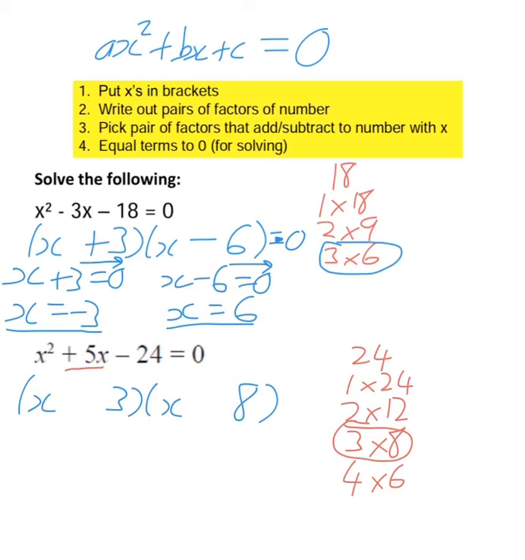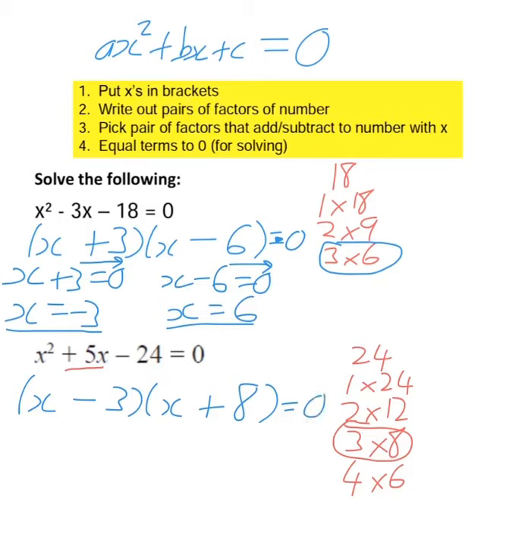Now it has to be plus 5, so that would be plus 8 minus 3, because 8 minus 3 is positive 5. Also, if you do minus 3 times positive 8, you get minus 24. So that's it factorized. But if it says solve, we equal the terms to 0.